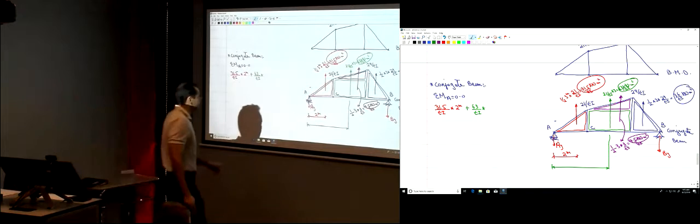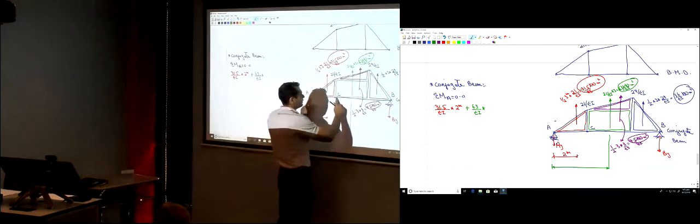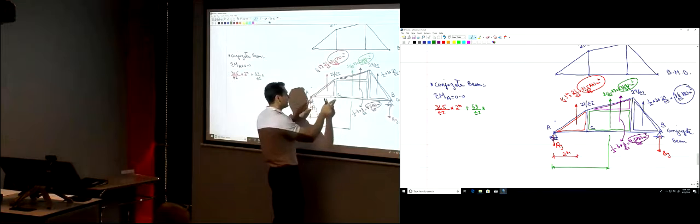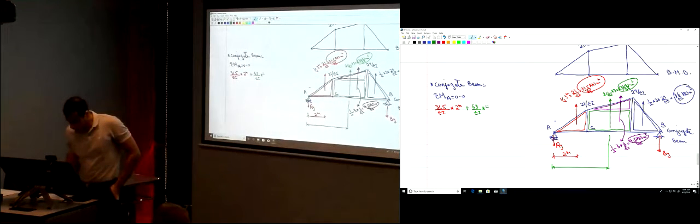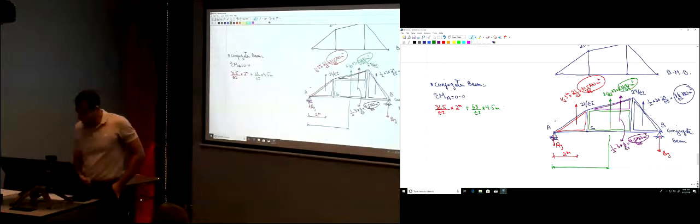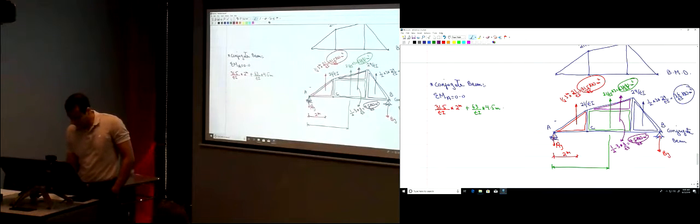This distance here is 3, and this is 3, so 1/2 of it, this force is right in the middle of that segment CE. So this is 1.5 plus 3, so that's 4.5 meters.